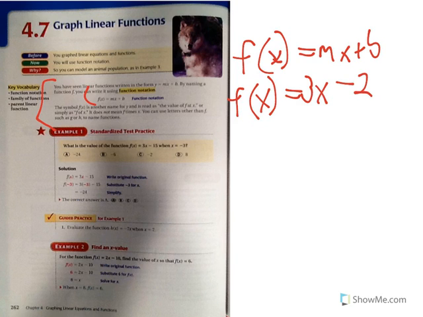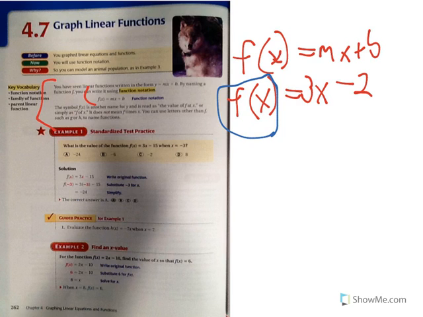And remember, the slope is going to be 3 and the y-intercept is going to be negative 2, because f of x is basically the y-coordinate. But again, it is not f times x, which is what I think a lot of people want to do.